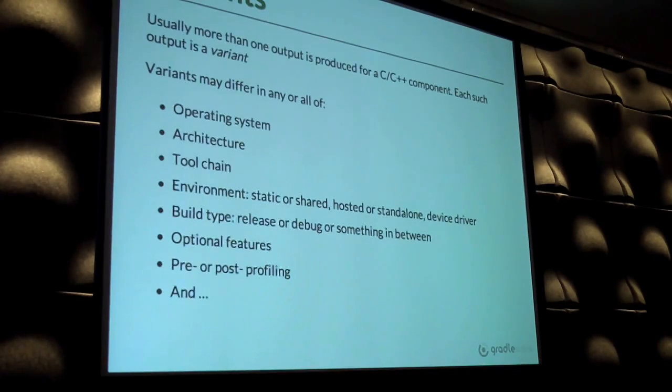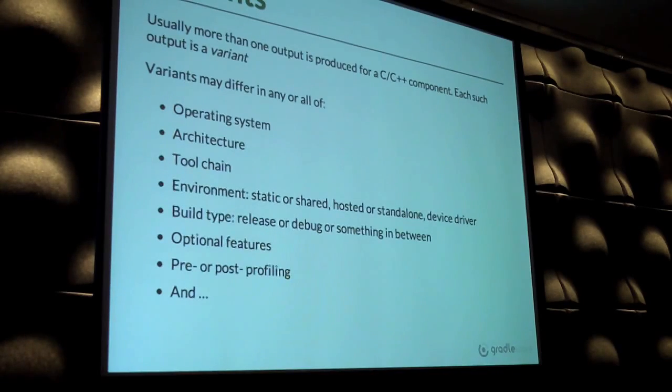Then there's environment. Maybe you're building something for static linkage or dynamic linkage. Maybe it's a hosted thing, so a regular executable application. Maybe it's a device driver. Maybe it goes in some embedded device. Maybe you're delivering them as object files.